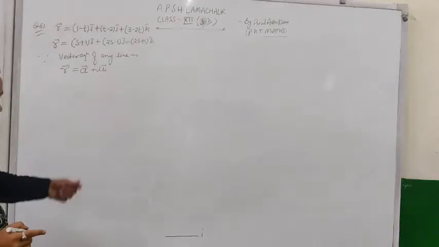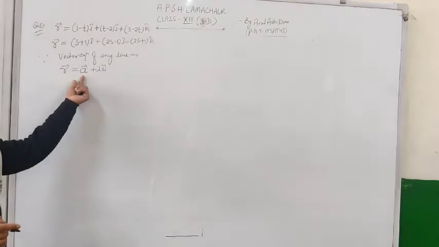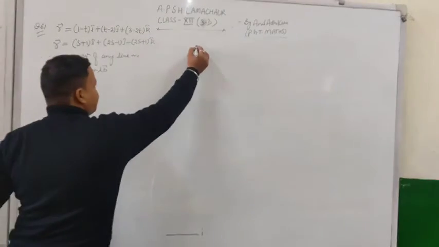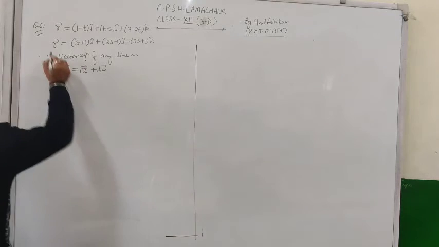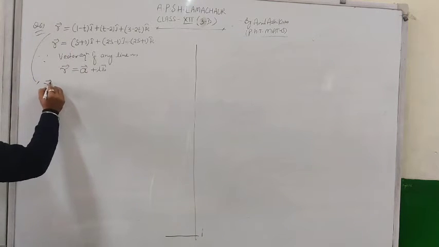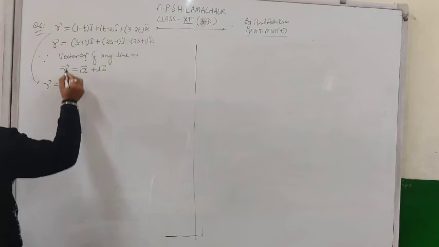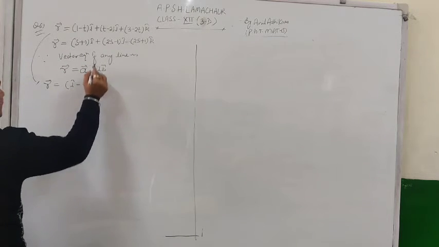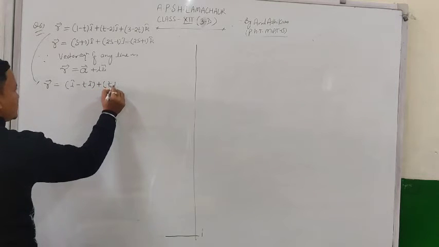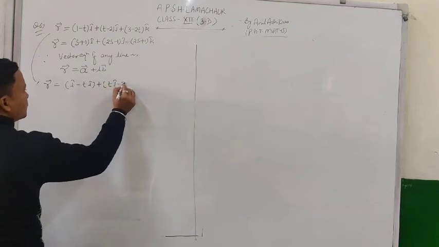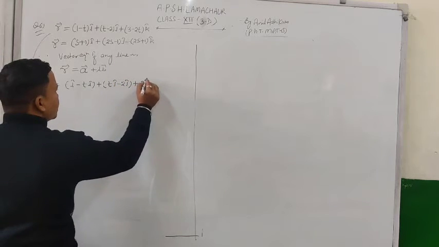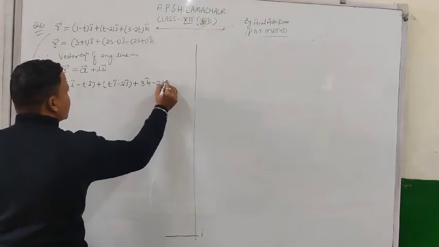That is, we will separate the position vector of the point from which the line is passing, and we will separate the parallel vector of the given line. So very first, r vector is equal to, we will multiply with i: this will be i cap minus t times i cap, and here t times j cap minus 2 j cap, and here plus 3 times k cap minus 2t k cap.